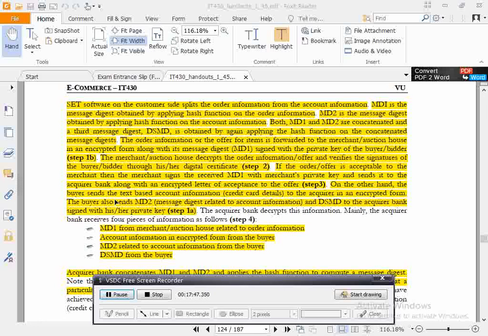The buyer also sends MD2, the message digest related to account information, and DSMD to the acquirer bank, signed with his or her private key.